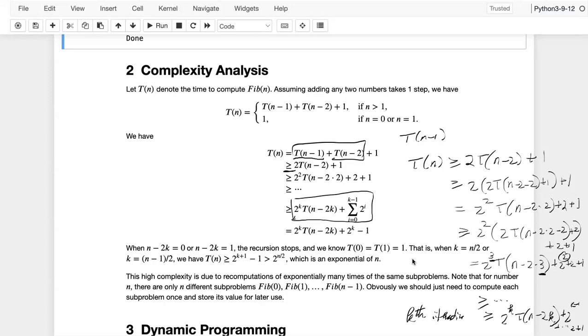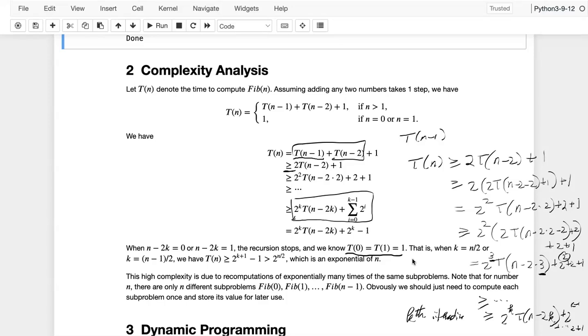And when do we stop? When n minus 2k is equal to 0 or is equal to 1, then it stops because that is the boundary, which means that either k is equal to n over 2 or k is equal to n minus 1 over 2, depending on whether n is even or odd. And that's where we stop.